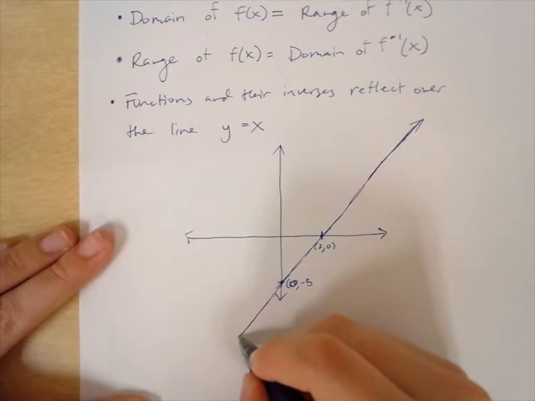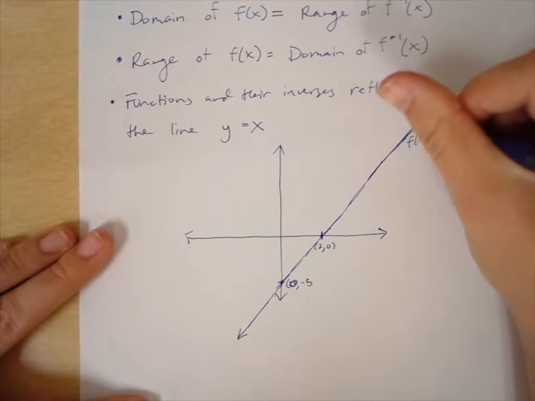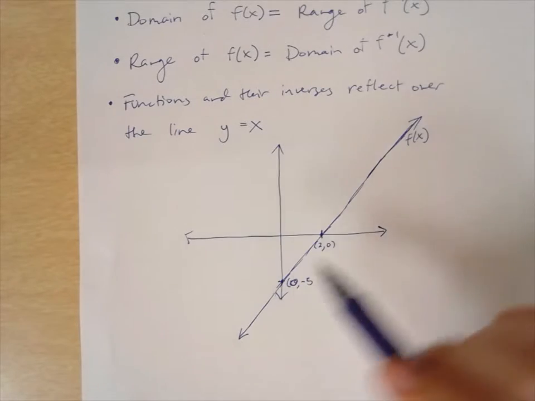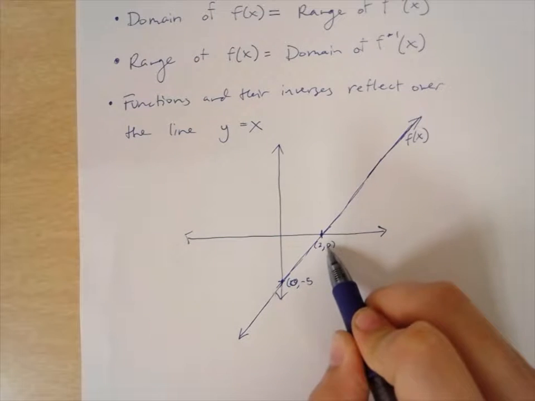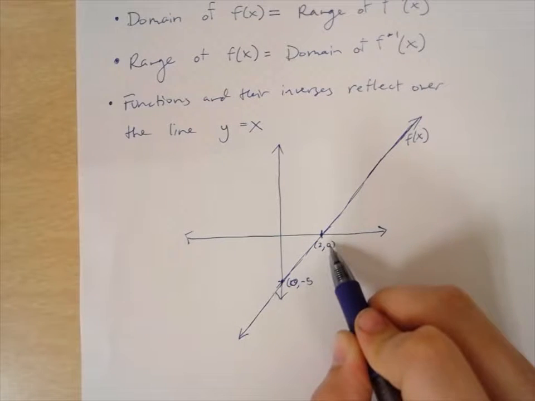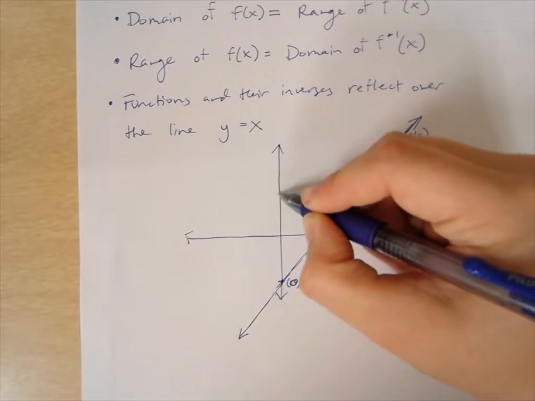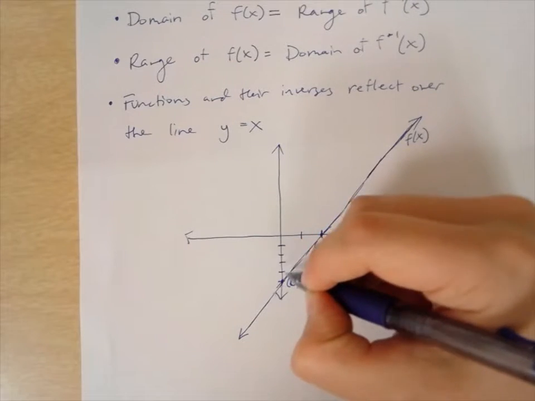We'll call this one our f of x. Then what I know about this inverse is that it would have the point 2, 0 with x and y switched. So it would have the point 0, 2. I guess I should have graphed that a little bit better.